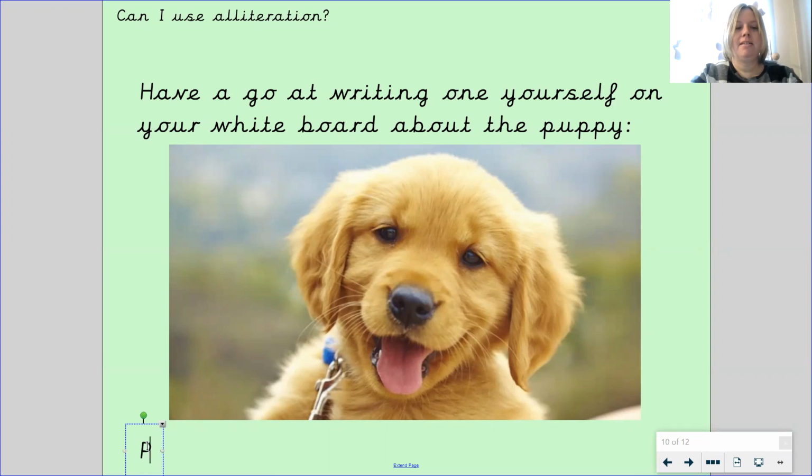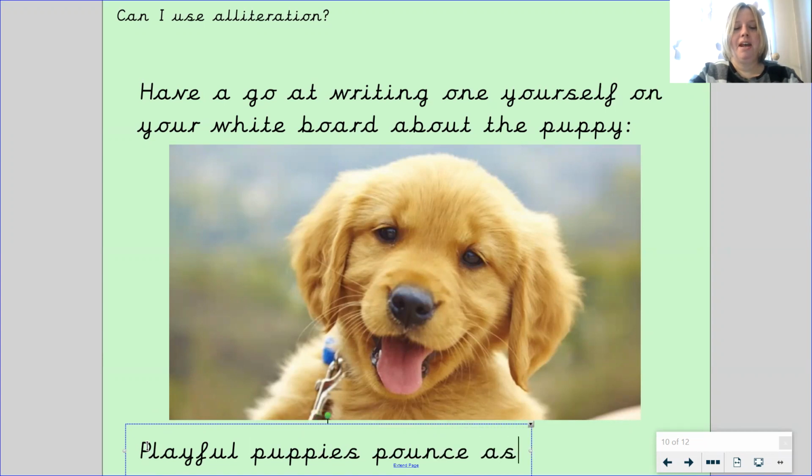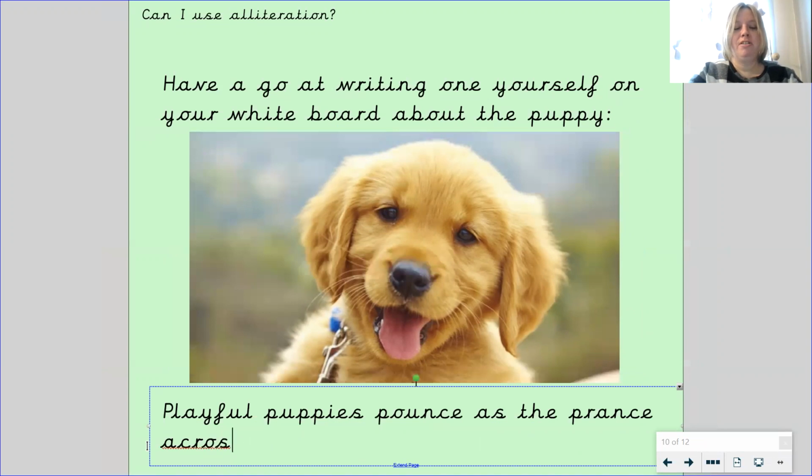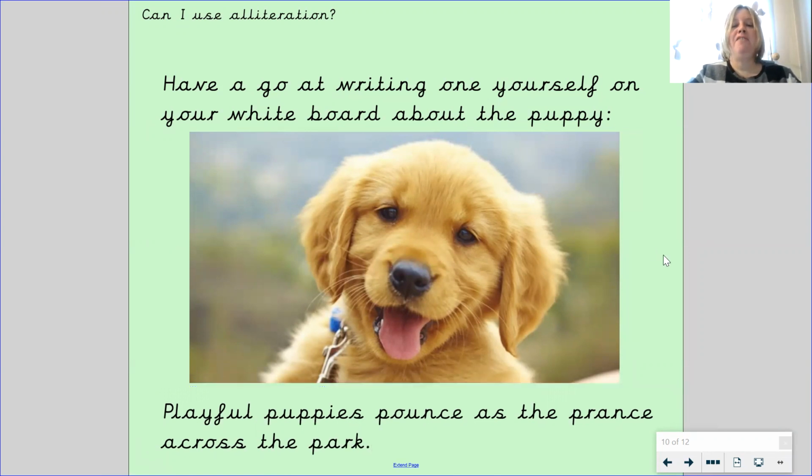So my sentence is going to start playful puppies pounce as they prance across the park. Prance is describing how they move. So playful puppies pounce as they prance across the park.